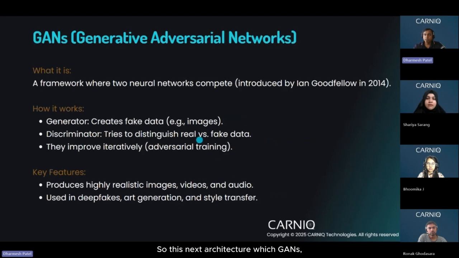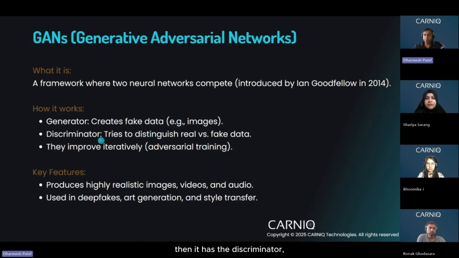The next architecture is the generative adversarial network, or GAN. It's a framework where two neural networks compete with each other. How does this work? There is a generator that creates the fake data, for example images.